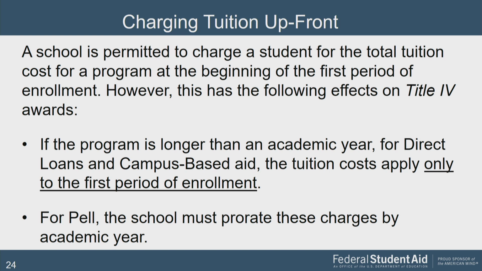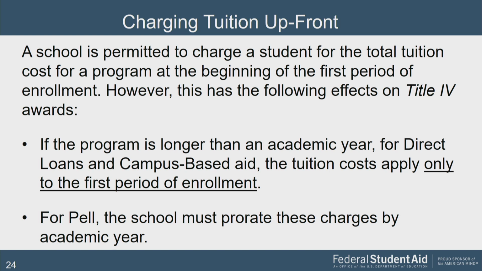But if you do charge for total tuition and fees for a program at the beginning, there are going to be some ramifications. If the program is longer than an academic year in length, for direct loans and campus-based, the tuition costs only apply to the first period of enrollment. So, an example would be a program of 1,500 clock hours in length, and you're going to charge up front for the entire program.